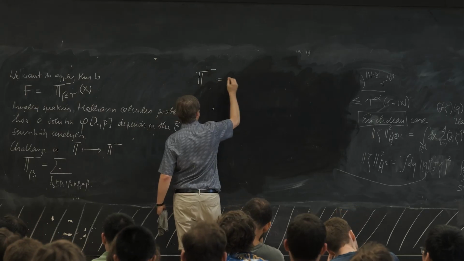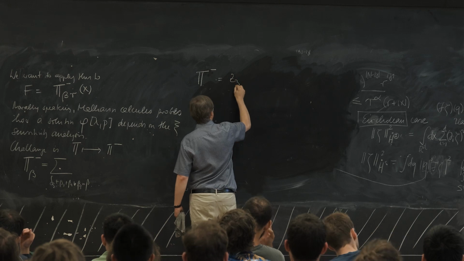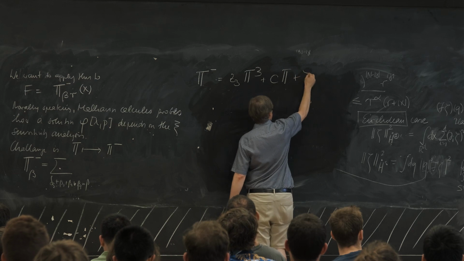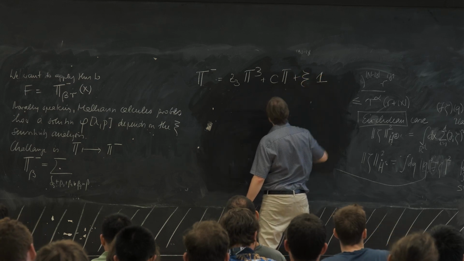The adult version was Z3 pi cubed plus C times pi plus Xi times 1.